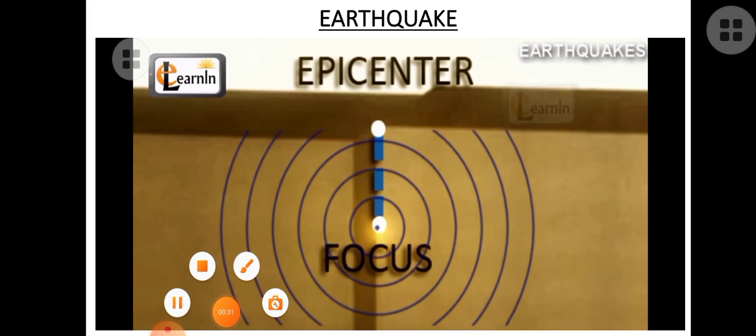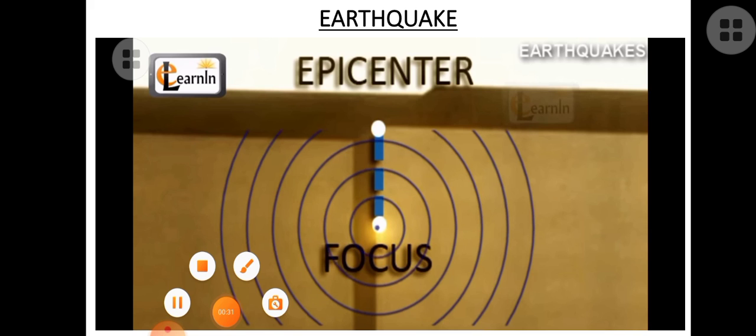When an earthquake happens, the waves move apart. Look at the round shape. These are the waves created because of the earthquake. These waves can go up to 1000 kilometers.